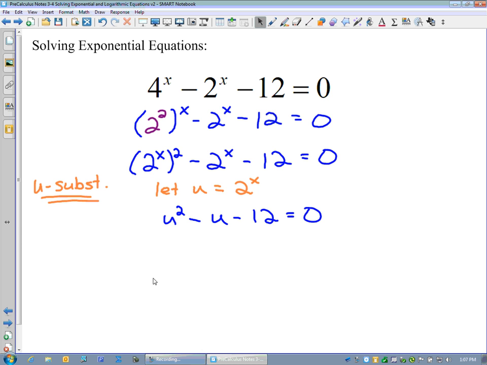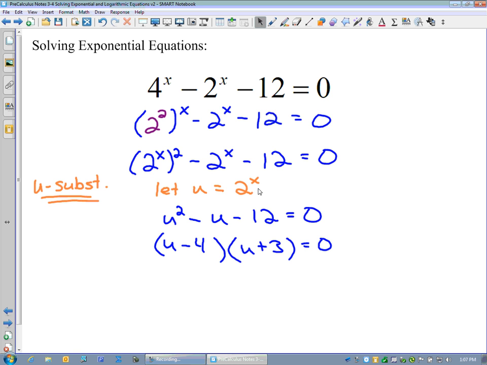So we factor: factors of negative 12 that add up to negative 1. That would be negative 4 and positive 3. So now I want to find the value of x that causes each factor to be 0. So in a sense, I'm going to take the factor and set it equal to 0 and solve for x. Well, this is where we no longer want the u, so we want to back substitute.